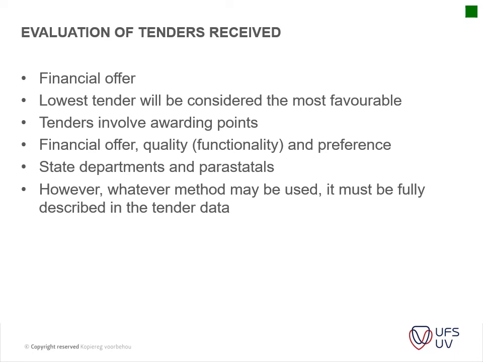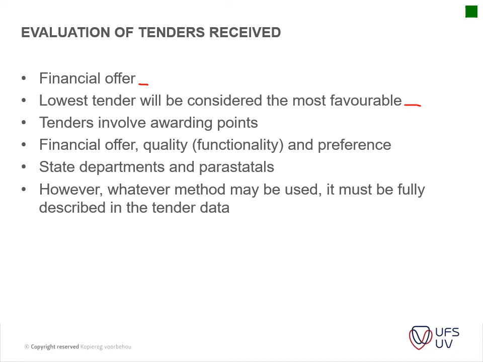Now you've evaluated the tenders, then you propose who the contractor should be to your client, and the client contacts the winning contractor and makes sure he's happy with his final offer. So he gives a financial offer. The lowest tender will be considered the most favorable.